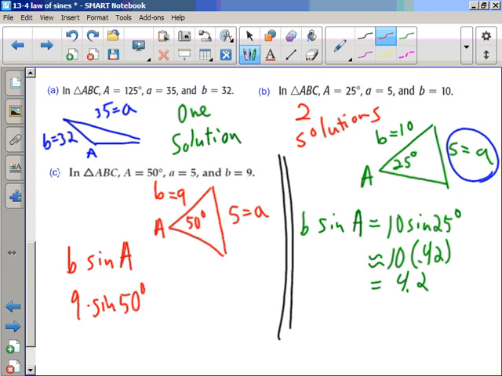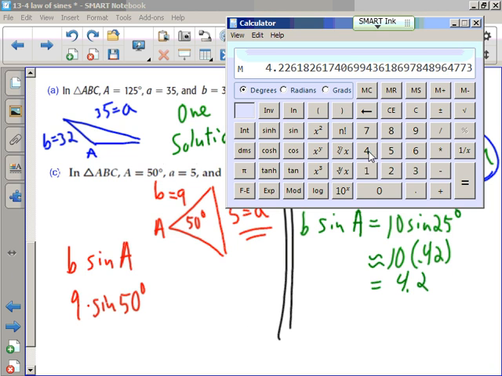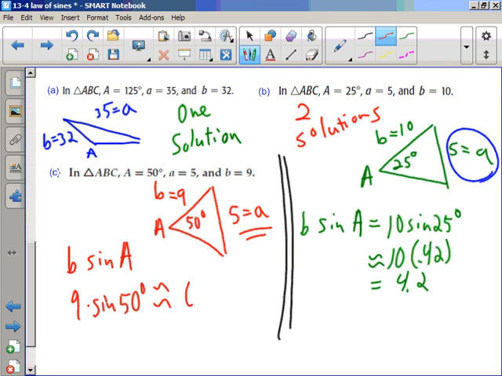Okay. And here would be drop the marker. Good job. All right. So we do 9 times sine 50, which is 6.9. Okay, so what this means is that side, that height right there, is 6.9, but this side is only 5, so the way I drew it is not how it is.